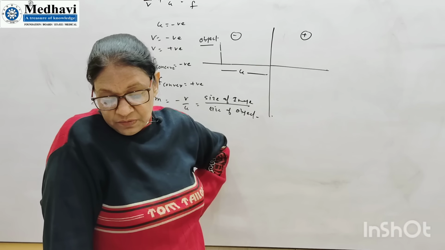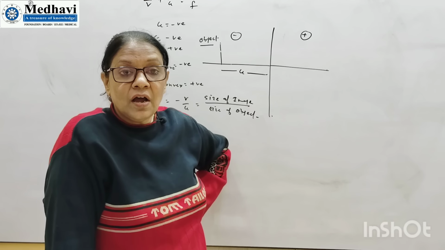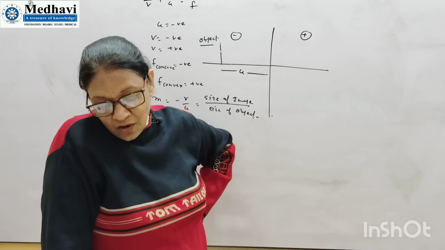Concave mirror is made by silvering the bulging part, and light strikes the hollow sphere.